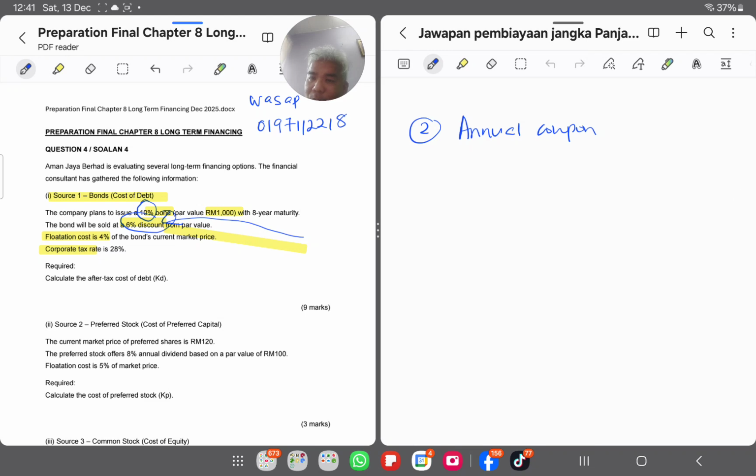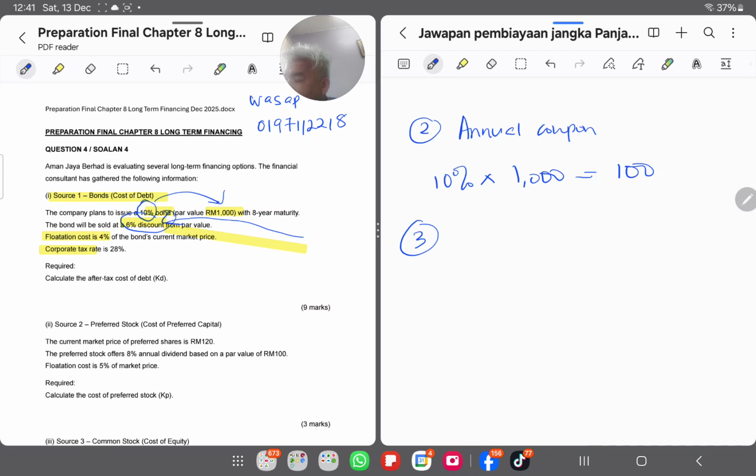So we need to pay 10% of 1,000, not 940. 10% times 1,000 is 100. The company needs to pay, like commissions or dividends, 10% of the 1,000 ringgit, equivalent to 100 ringgit.